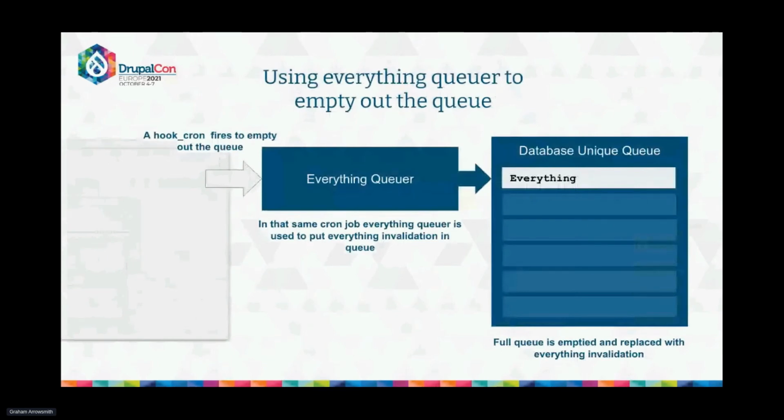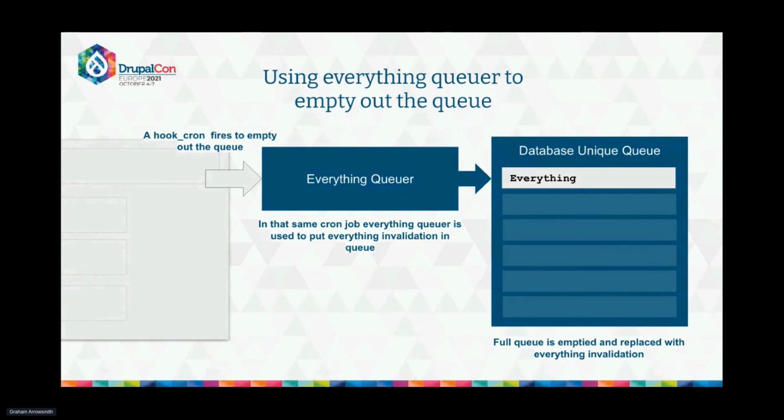So as Graham mentioned, we added an everything queuer. For our queuer, we just had the tags queuer. Now we introduced an everything queuer as well. Whenever a hook cron fires, basically we wrote our own cron. During that cron job, we check if our queue is completely filled, we will empty out the whole queue and put the everything invalidation there.